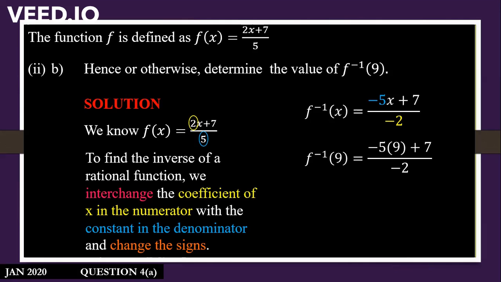This will give me 9 times negative 5 plus 7 gives negative 38 divided by negative 2, which results in the inverse function of f of 9 is 19.